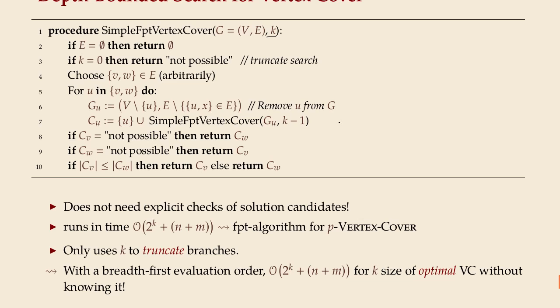So one interesting fact to note here is that the code at no point has to explicitly check whether the candidate solution that it computes is really a solution of the problem. There's no line like "check whether this set of nodes is a vertex cover."